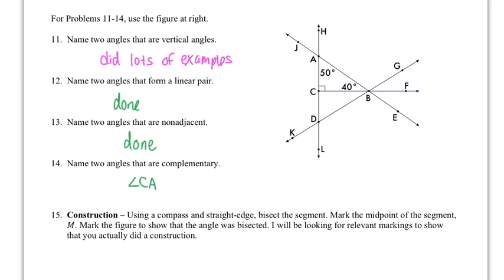So angle CAB, which is this one right here, and if you named it DAB, that's fine too. There are different names for it since there are more points along this side of the angle. But that's 50 degrees. And then this 40-degree angle, CBA is what I'm going to name it. So those are a pair of complementary angles.